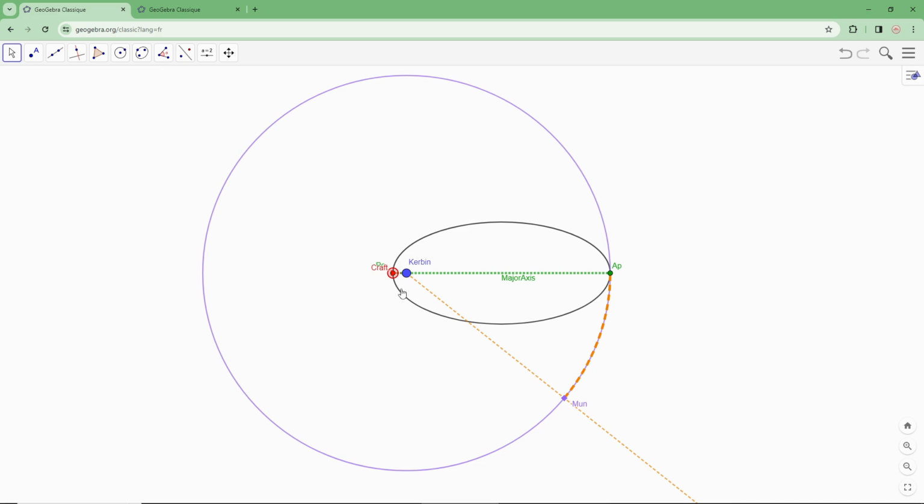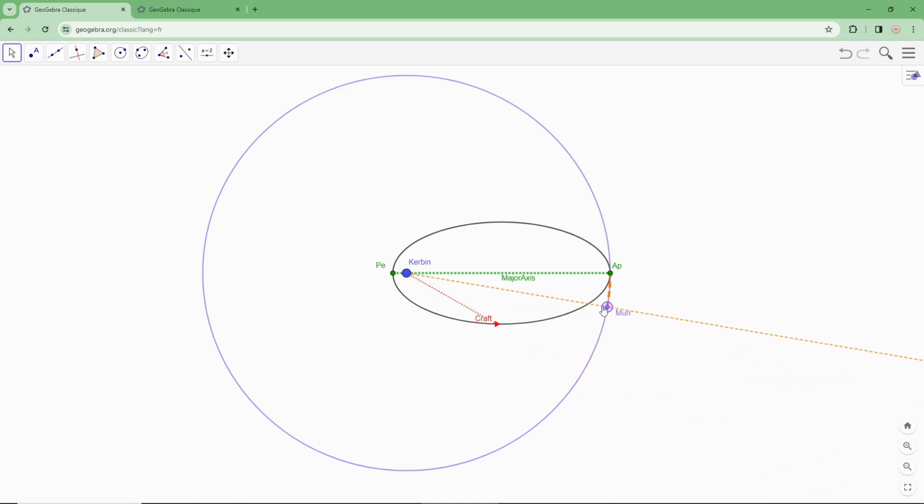And I have to do that at the right moment, because if I do my burn too late, my craft has some time to go from its periapsis to its apoapsis, and during that time the Moon is moving too.